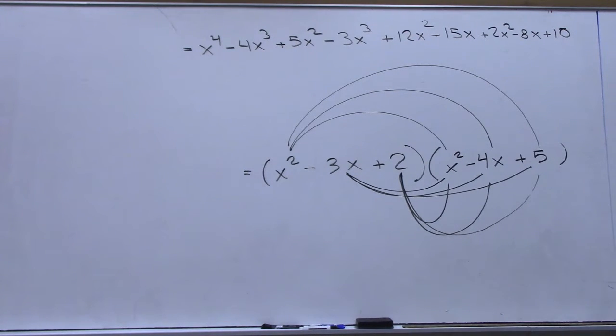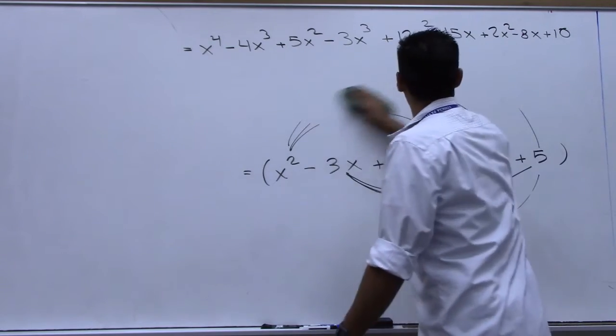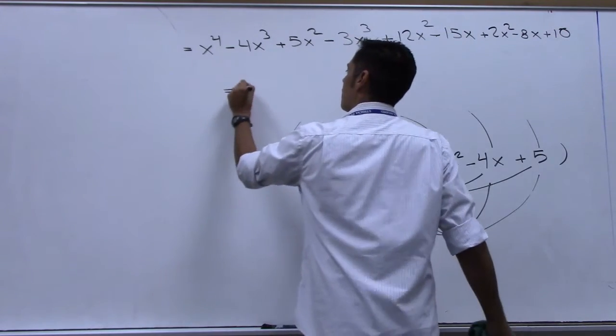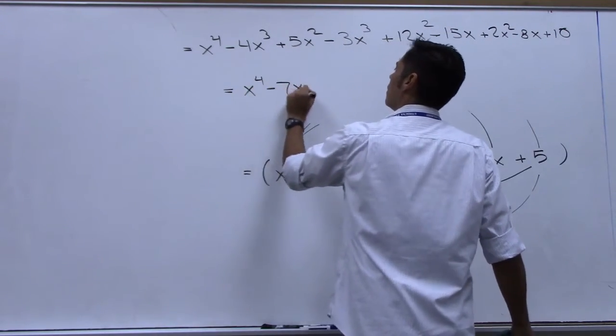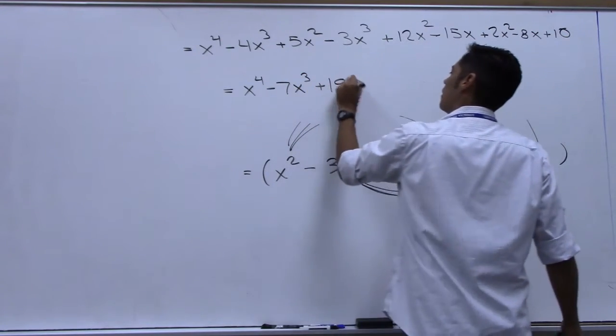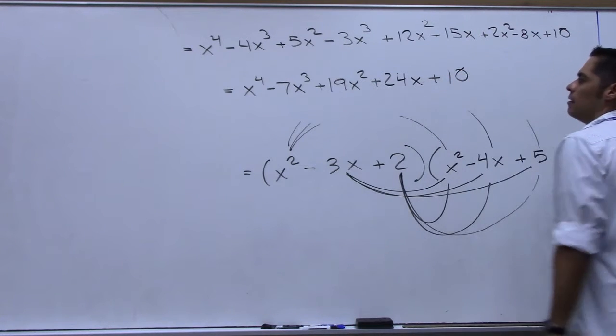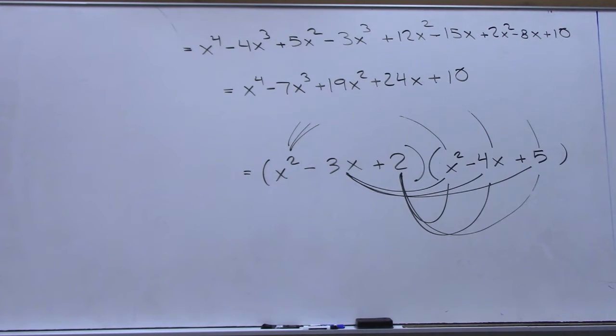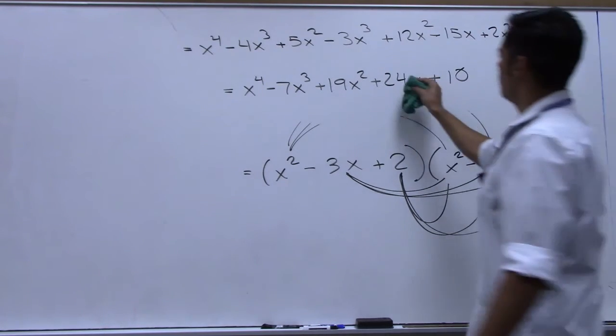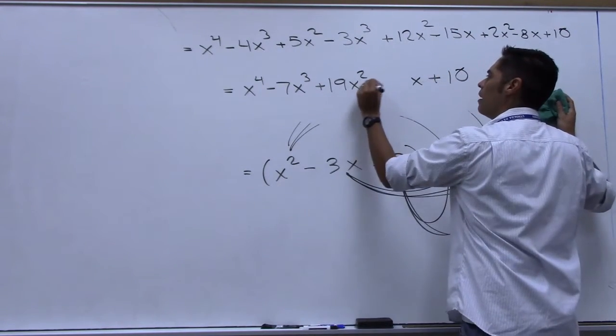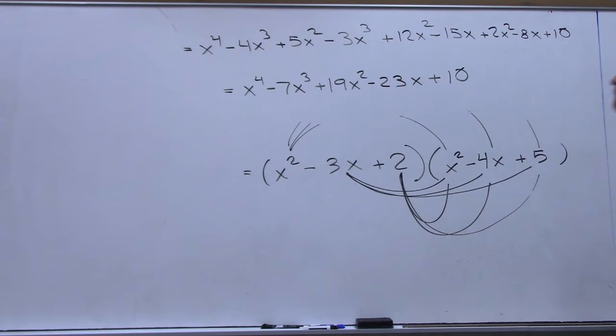Then you collect all your like terms together. Let's see if we can do that. x to the 4th minus 7x cubed plus 19x squared plus 24x plus 10. It's what? Minus what? Minus 23x? Okay. We all on board with that?